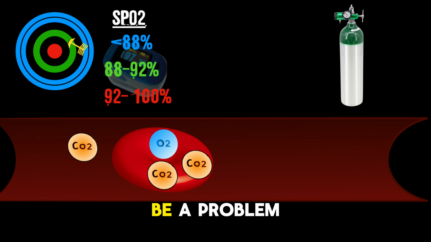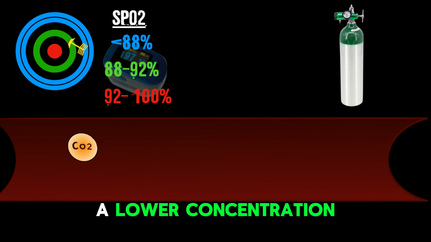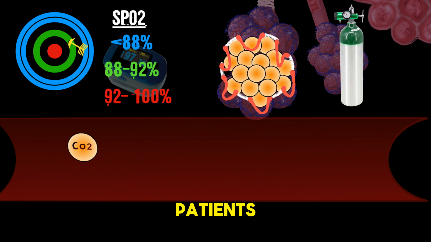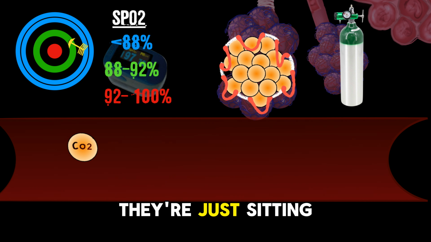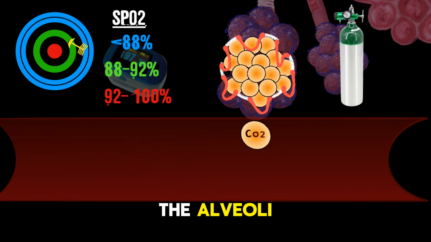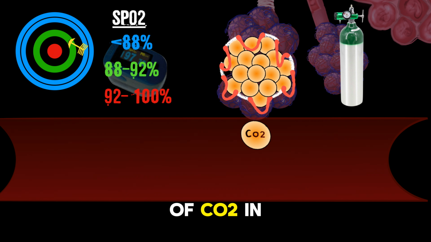Normally, that wouldn't be a problem. It would find its way to the alveoli where there was a lower concentration of CO2, and we would breathe it out. But in COPD patients, remember, those alveoli have lost their elasticity. They're just sitting there full of CO2, and the concentration of CO2 in the alveoli is actually higher than the concentration of CO2 in the blood.